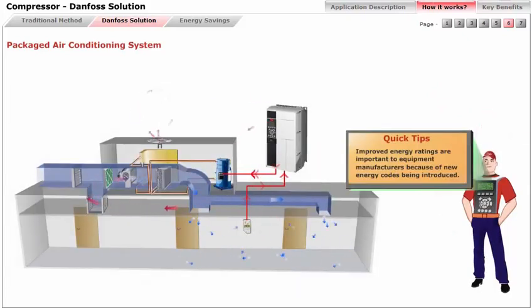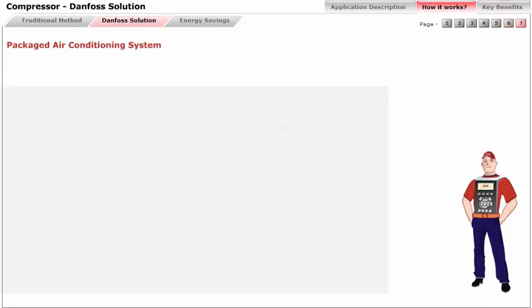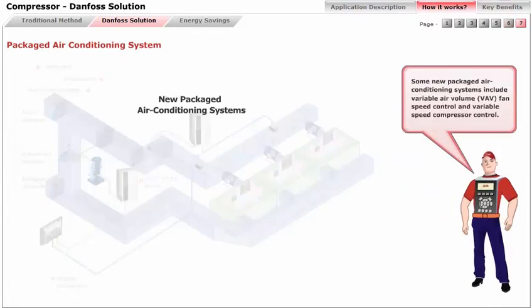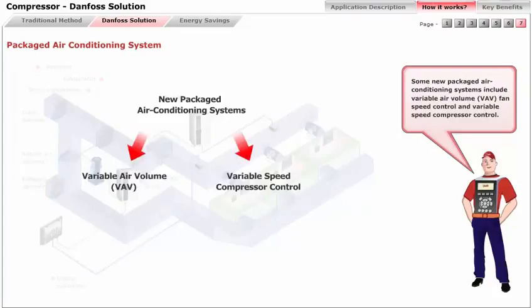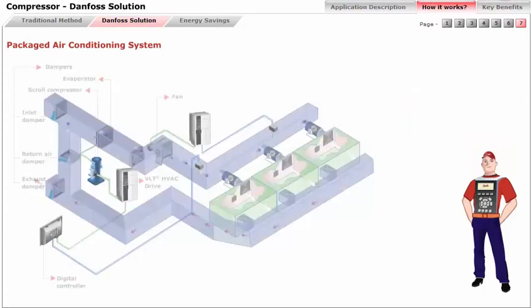Improved energy ratings are important to equipment manufacturers because of NRV energy codes being introduced. Some packaged air conditioning systems include variable air volume, fan speed control, and variable speed compressor control.